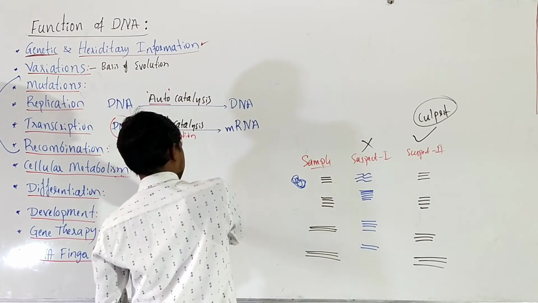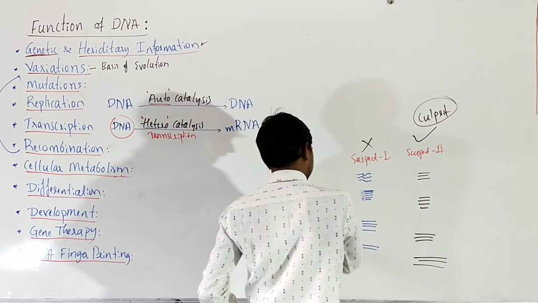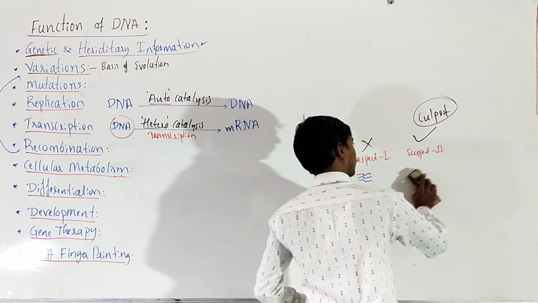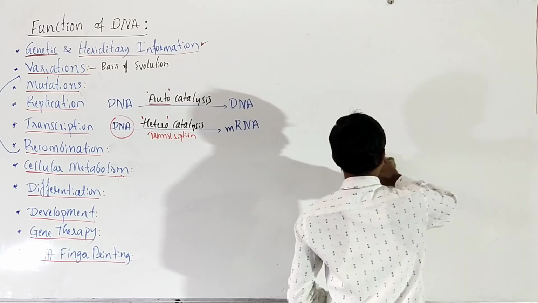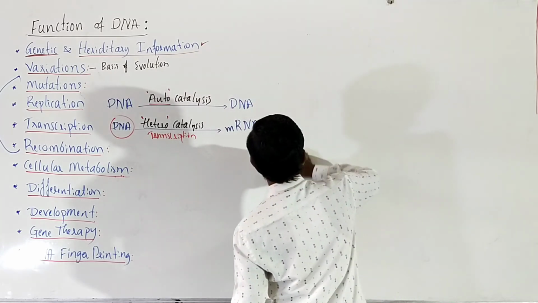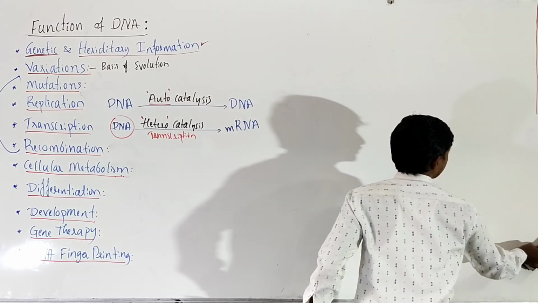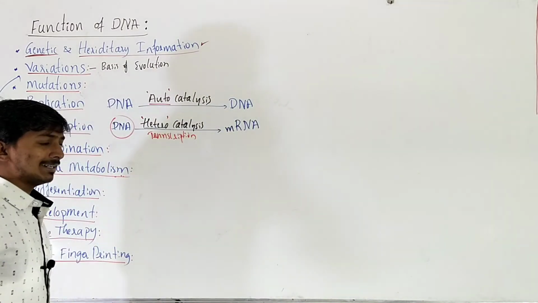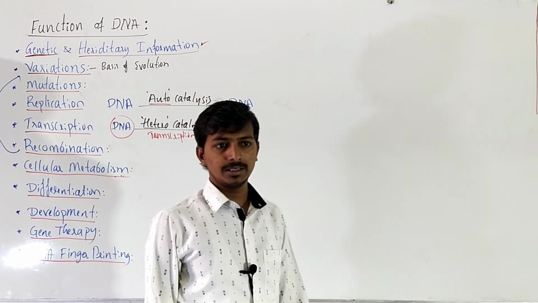So this is how DNA has thousands of functions for living organisms, maybe a plant, an animal, or any microbe, bacteria, virus. For all those organisms, DNA has its own importance.